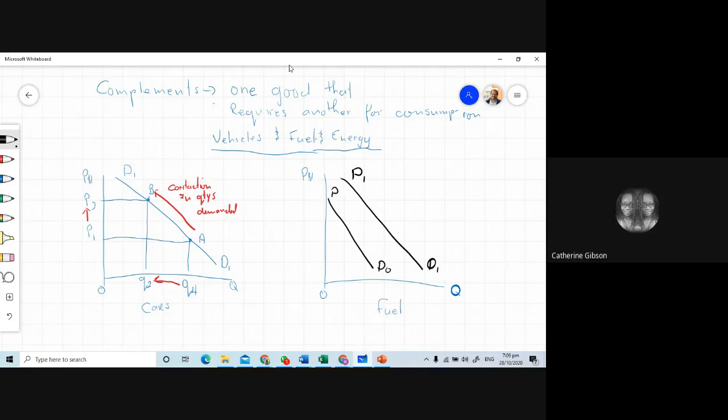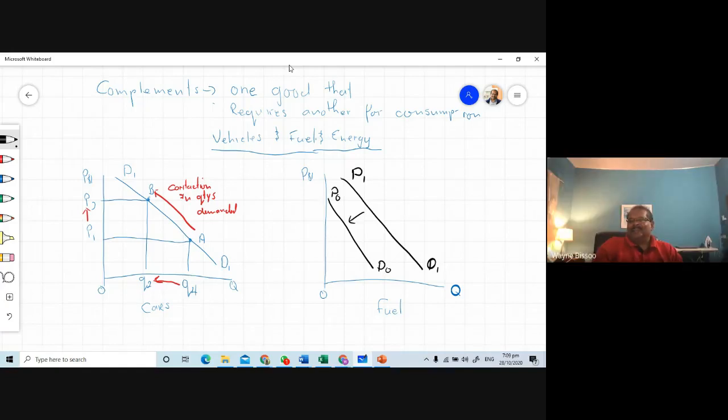All right, so what will happen is that the demand for all types of fuels will fall because the general prices of vehicles went up. Making sense? You see that relationship there? That if the price of cars went up, it will lead to a fall in the quantities demanded of cars, leading to a decrease or fall in demand for fuel at all prices. That makes sense? So let's map that relationship out.